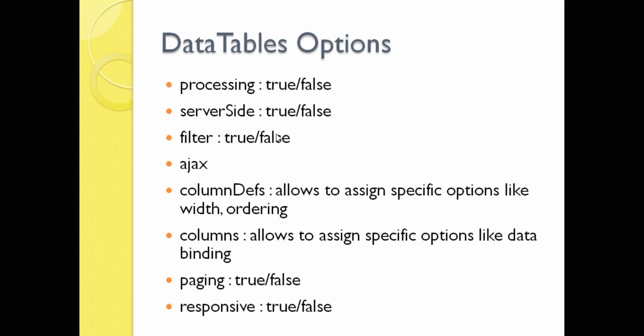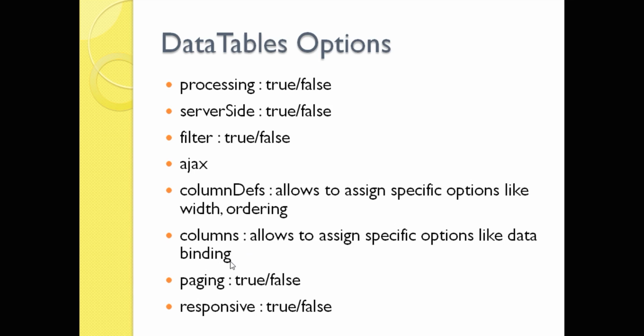The next one is columnDefs, where you can specify the column-related options. Very specifically, we can specify the width of the column. We can mention whether this column can be used in sort order or not. These things are mentioned in the columnDefs option. Next is the columns option, where you particularly specify the data binding part.